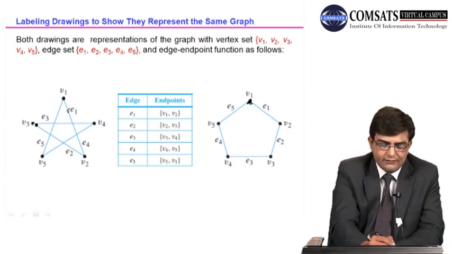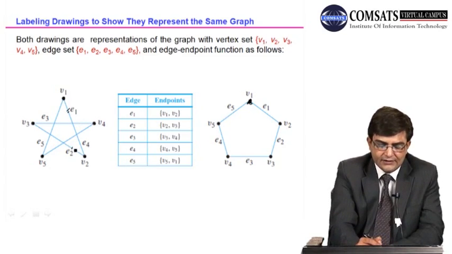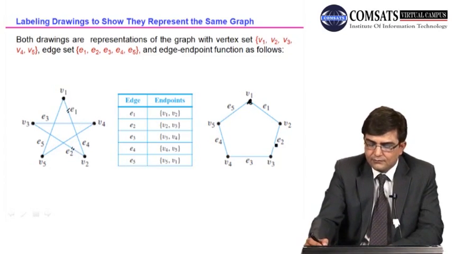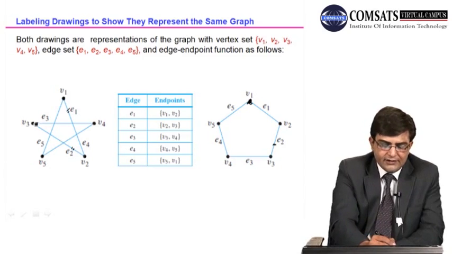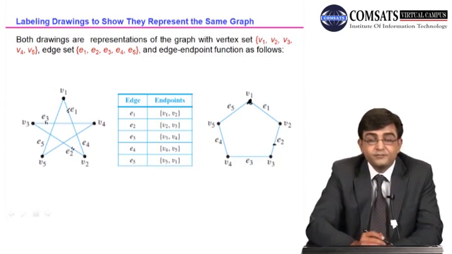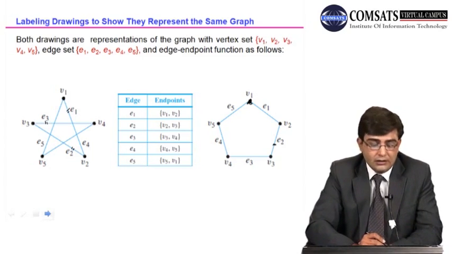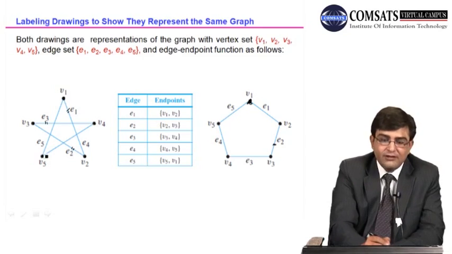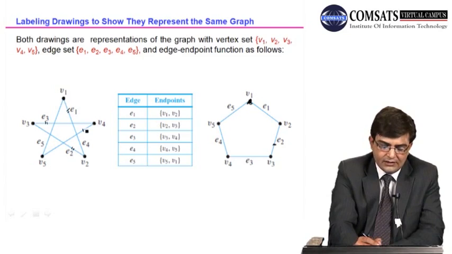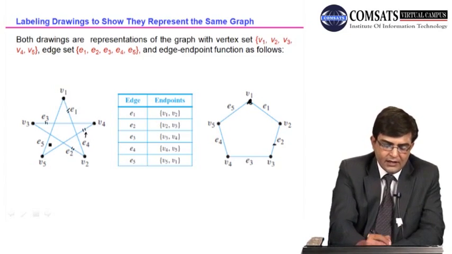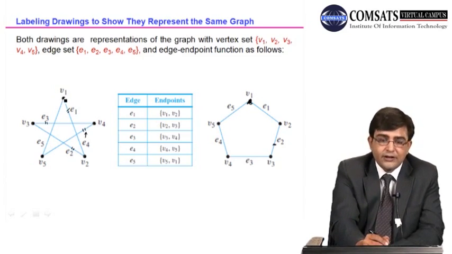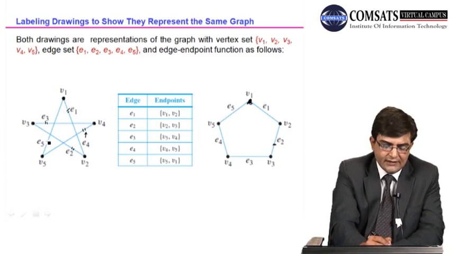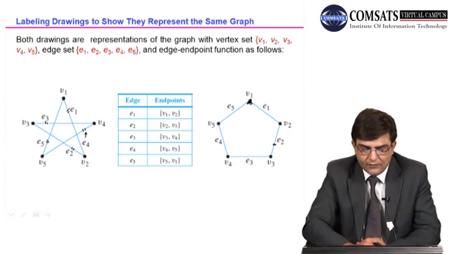When v2 connects to v3, we say this edge is e2, just like this. And when v3 is connected to v4, the edge which connects these two vertices is e3, and when v4 connects to v5, this edge is called e4. And when v5 is connected to v1, we say this edge is e5.